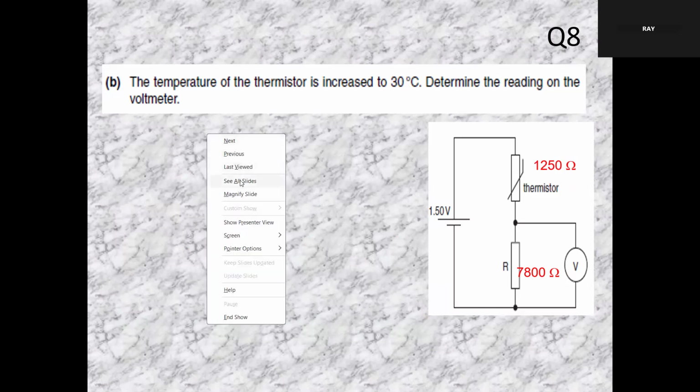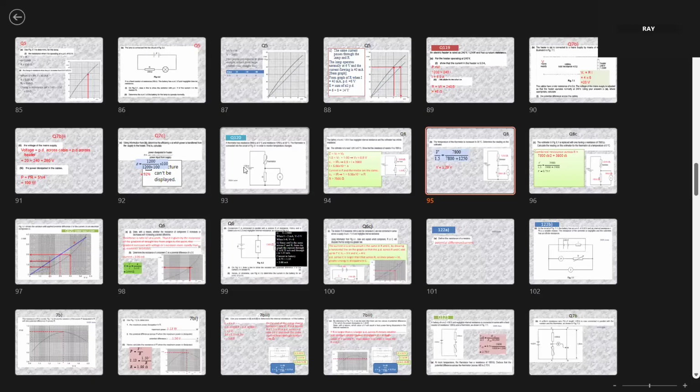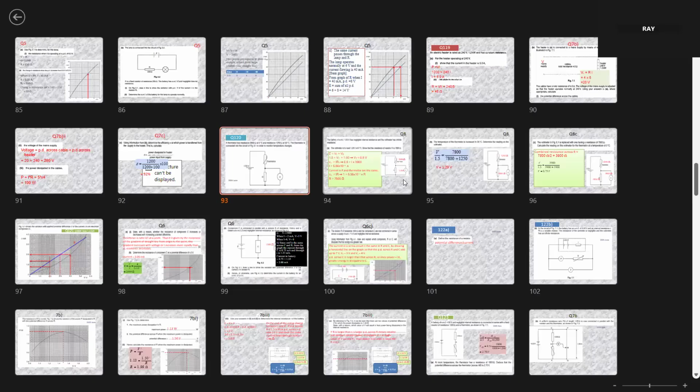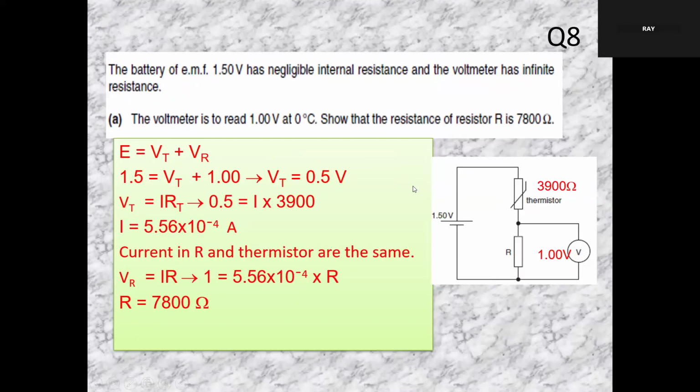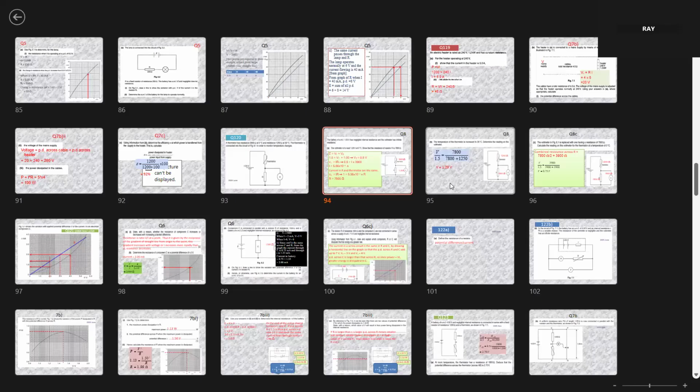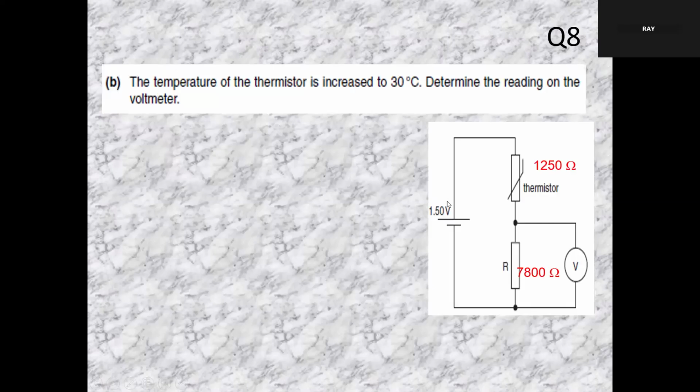R is given to you in case you are wondering where I get it. At 30 degrees, the thermistor is 125 ohm.